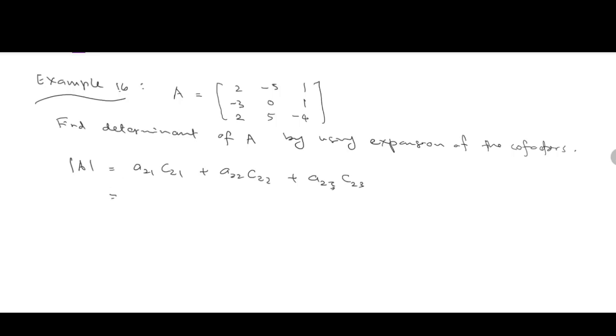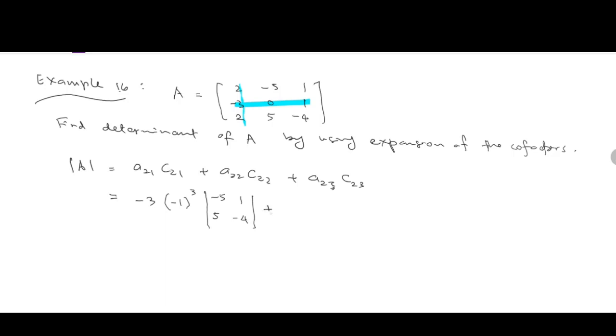So the element of the second row, first column is negative 3 multiplied by its cofactor. So the cofactor should be negative 1 raised to the power of 2 plus 1, that is 3, multiplied by its minor. Minor, we are going to delete the second row, first column. So the matrix will be negative 5, 1, 5, negative 4.